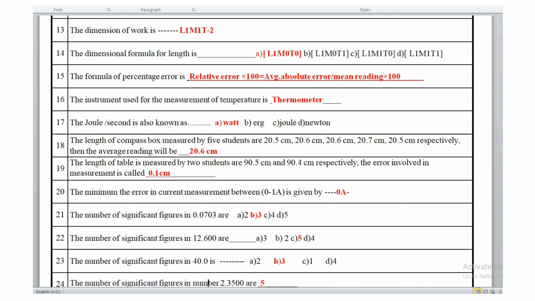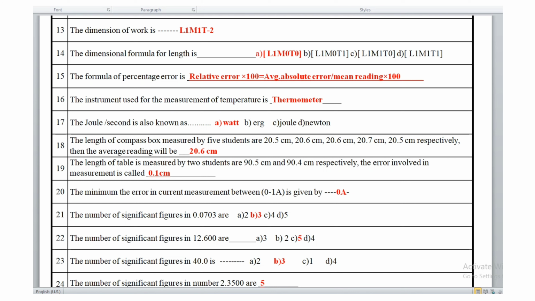The minimum error in current measurement between 0 to 1 ampere is given by 0 ampere. The number of significant figures in 0.0703 is 3. The number of significant figures in 12.600 is 5.